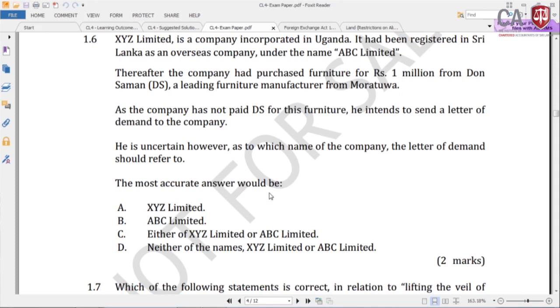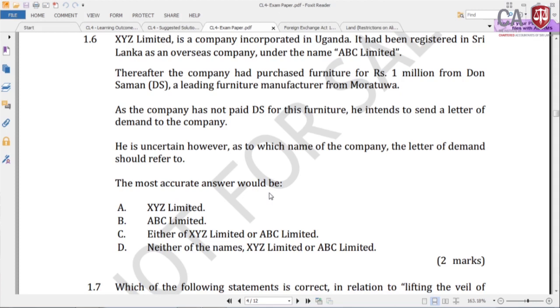The letter of demand is to be sent by Don Saman's lawyers to the purchaser who bought this furniture for 1 million rupees, that is ABC Limited. ABC Limited is the one that purchased the goods in Sri Lanka.